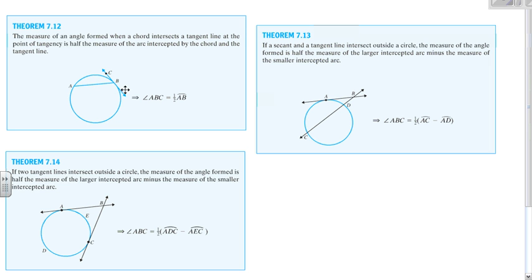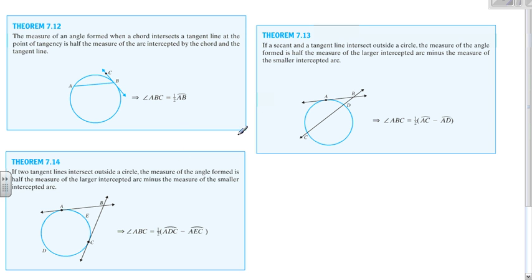A chord and a tangent is similar to an inscribed angle because the vertex is on the circle. So the measure of that angle is still half the arc that it cuts. It just looks a little bit different, but it's still kind of like an inscribed angle.